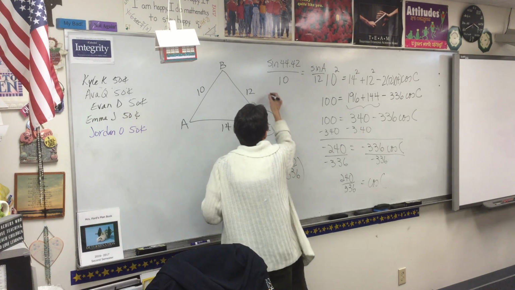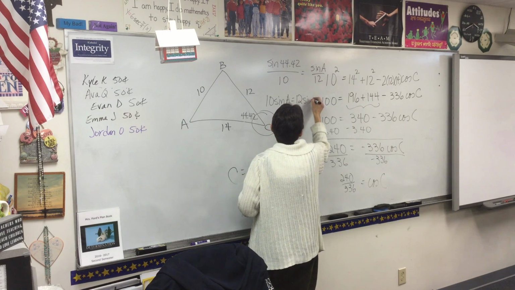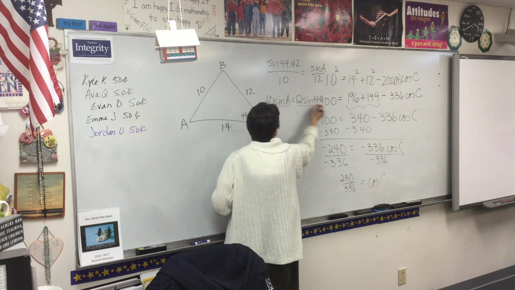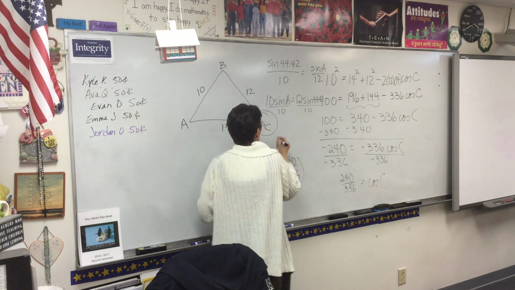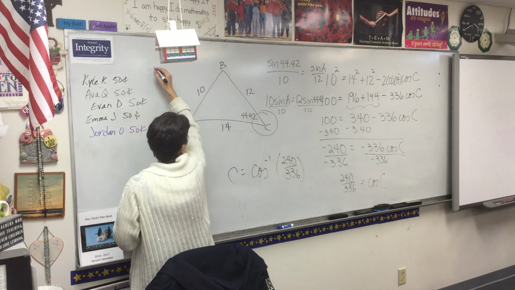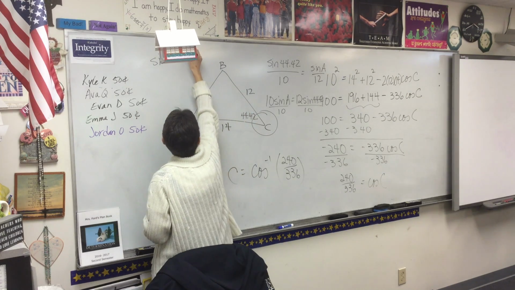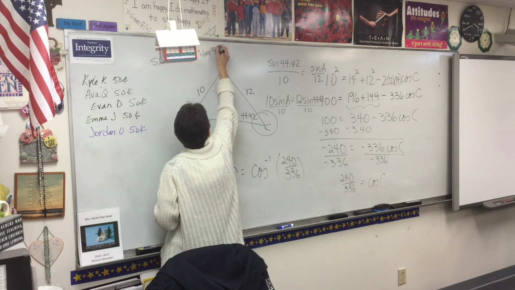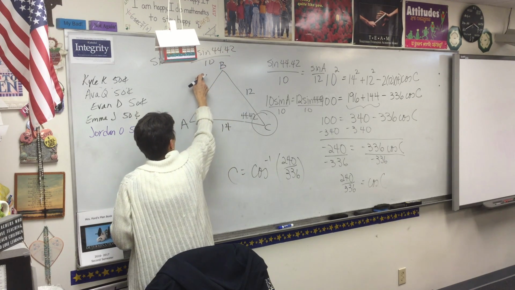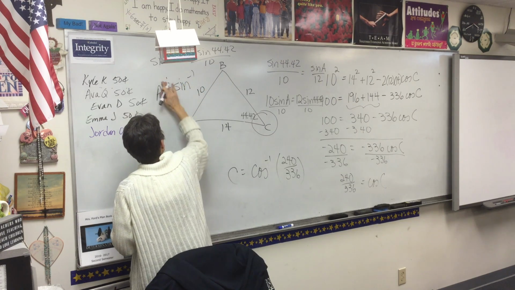All right, so here we go. 10 sine A equals 12 sine 44.42. Divide by 10. Now, I'm back where I was a minute ago. I'm running out of room here. I have sine A equal to this fraction. Do not type that in. You have to type second sine.